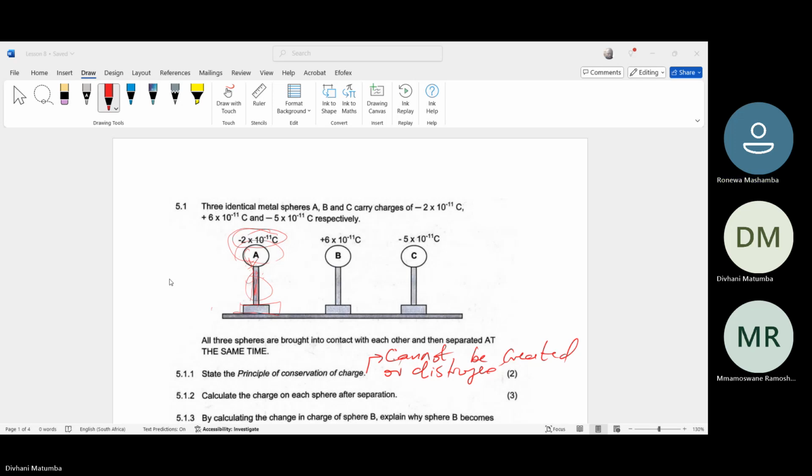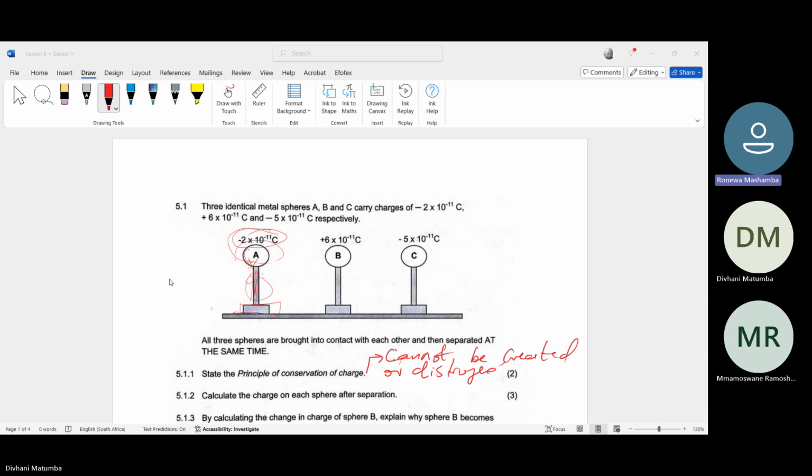What I mean is, did the electrons move from sphere B to C, or from sphere A to B, or what happened? Can you explain how the electrons moved?